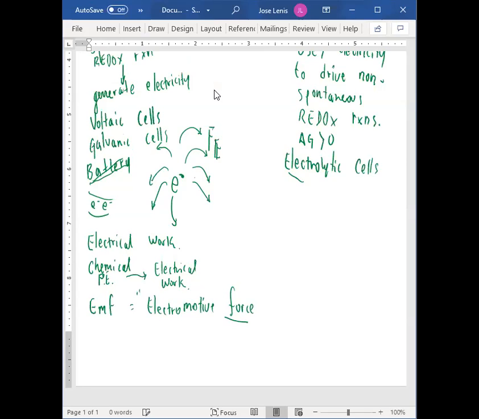We need to talk about electromotive force as a whole thing, which is actually energy, defined as the work done by those electrical charges moving through the wire over unit of charge. So here we have work done by the system. That's why we have negative work over Q, which is the electrical charge.